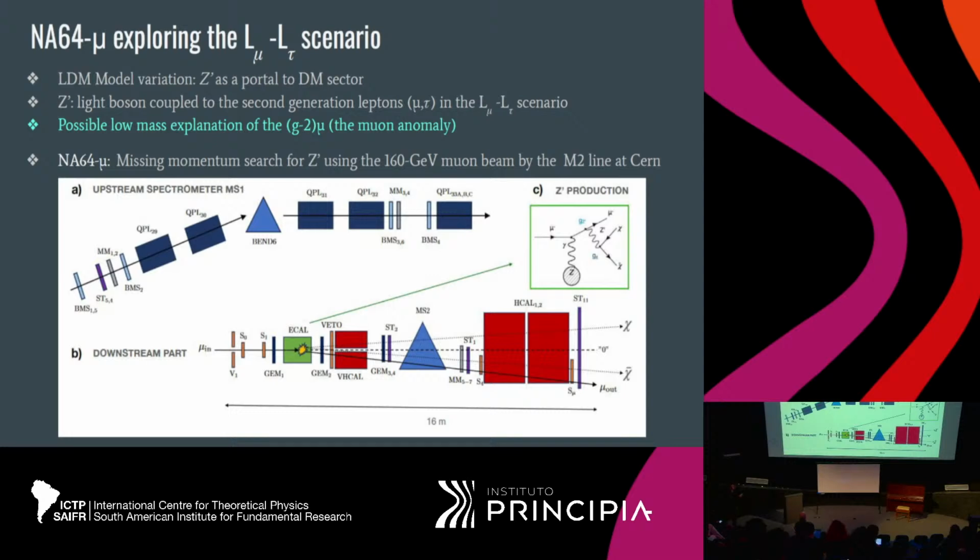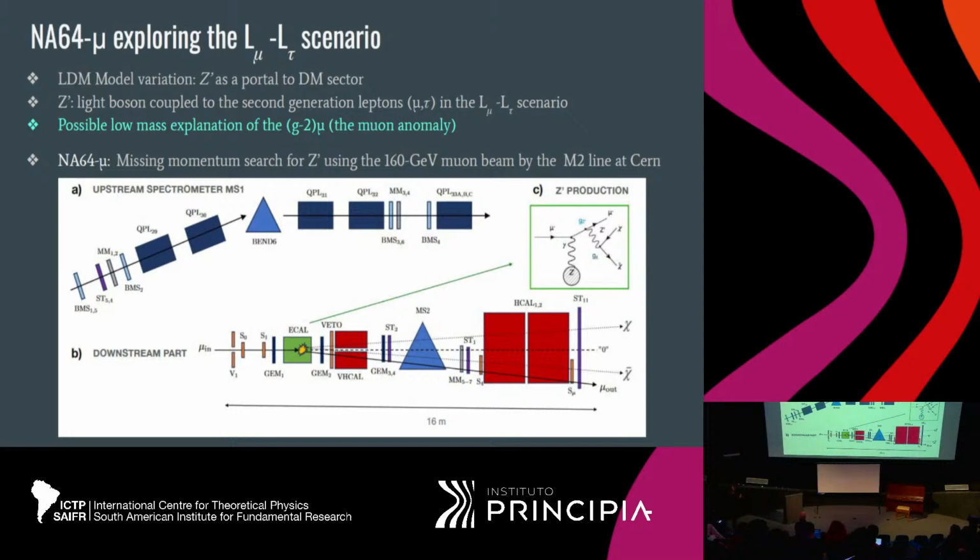You have to measure the momentum with a spectrometer after they interacted in your target, so you perform a missing momentum experiment and not a missing energy experiment. So the detector setup of NA64mu is different, even if basically the components are all the same.